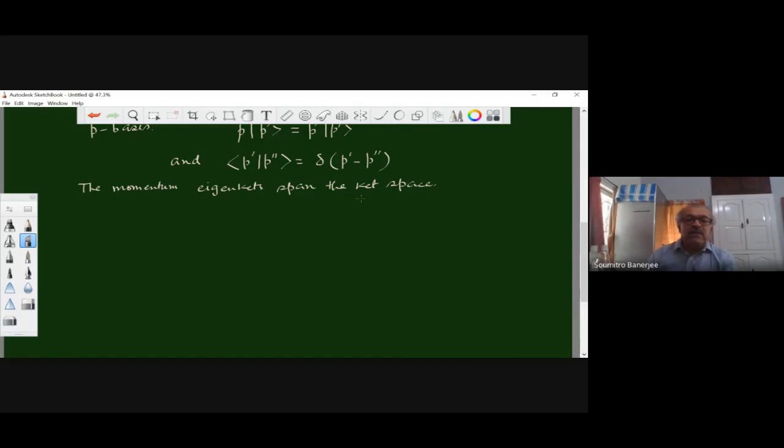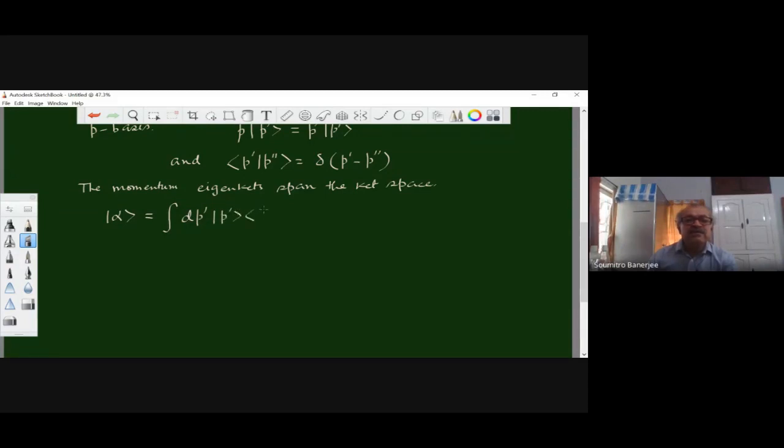Okay, and therefore an arbitrary function alpha should be expressible in terms of these things, and exactly we'll do it the same way. We integrate dp prime, and then it will be what we did earlier for x, exactly the same way.